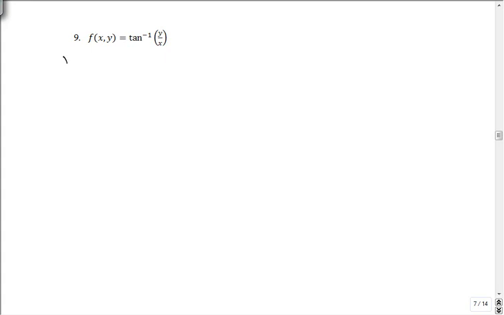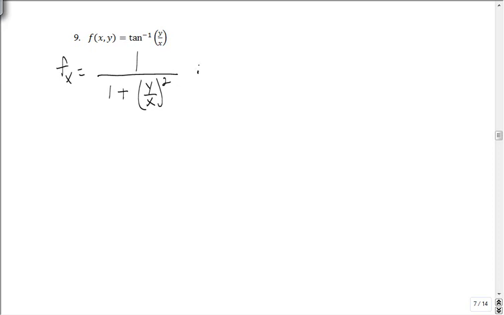So, partial of f with respect to x. This is another example of the chain rule. So, you differentiate tangent inverse. Remember, when you differentiate tangent inverse, you get 1 over 1 plus whatever this is, y over x all squared, right?